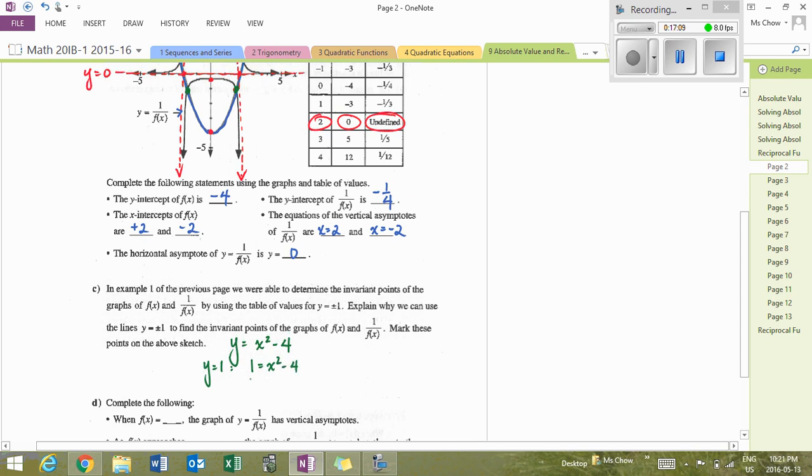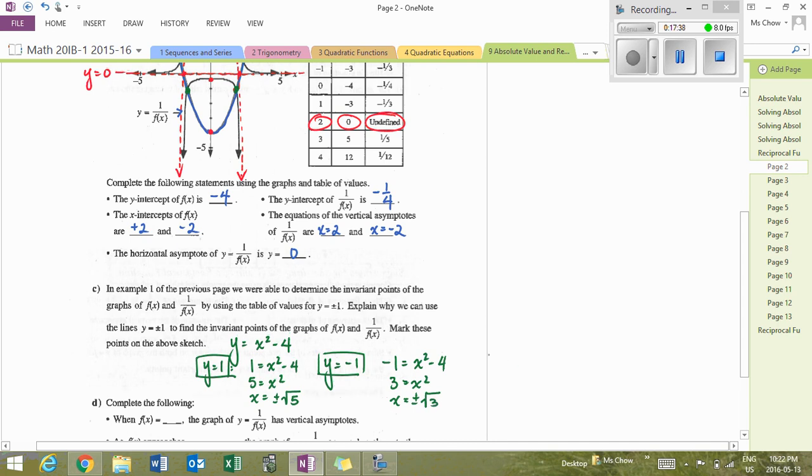So x squared is equal to 5, and so x is equal to plus or minus the square root of 5. On the other hand, if y is equal to -1, then -1 is equal to x squared minus 4. So then 3 is equal to x squared, so x is equal to plus or minus the square root of 3.